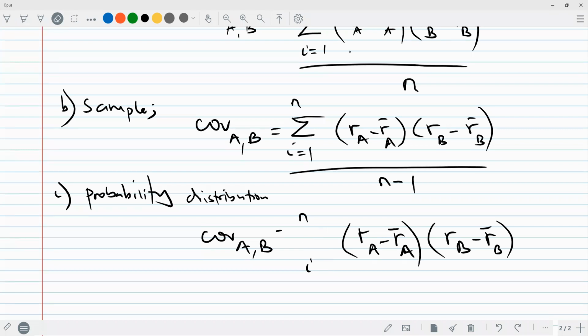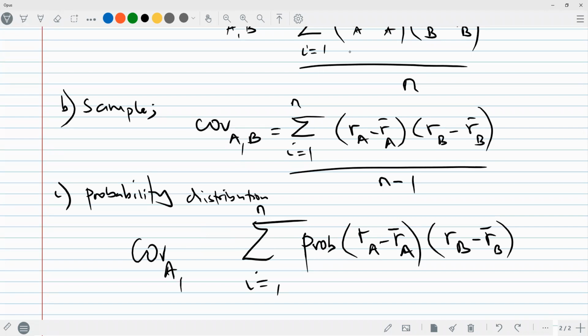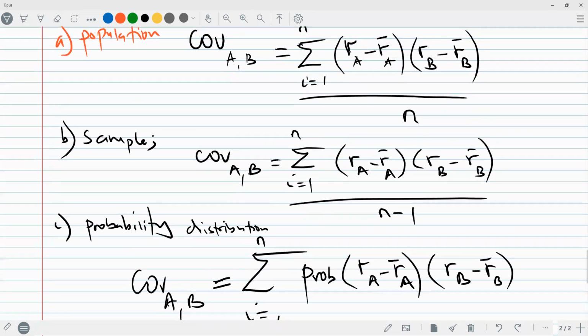We add the probability here. And that's how we get the covariance of the assets.